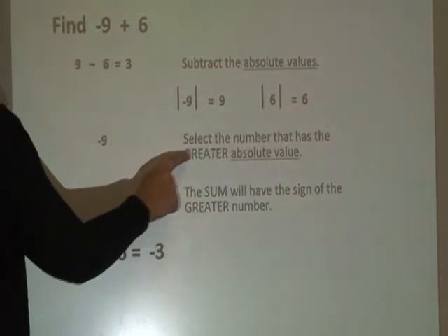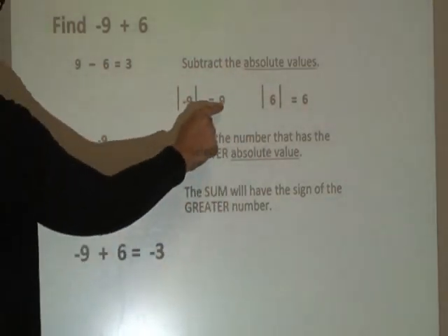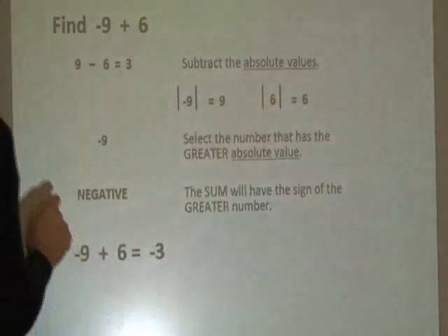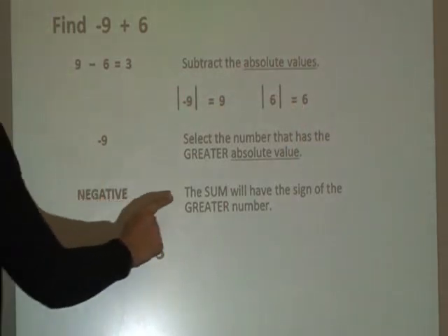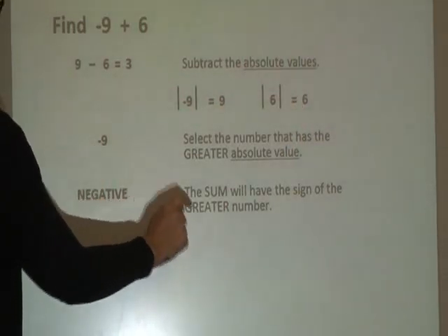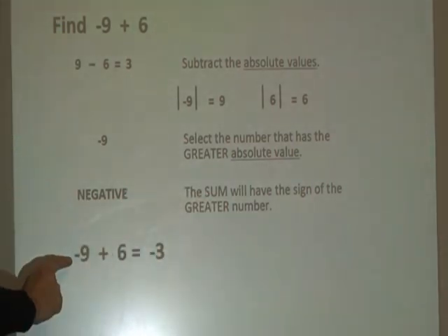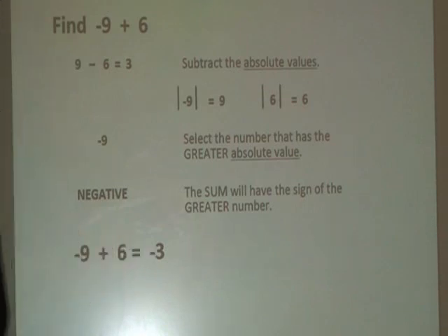Then you're going to select the number that has the greater absolute value. Negative 9 had the greater absolute value because we know that 9 is greater than 6. So I'm selecting negative 9. And last, the sum will have the sign of that greater number. So the sign will be negative. So negative 9 plus 6 equals negative 3.